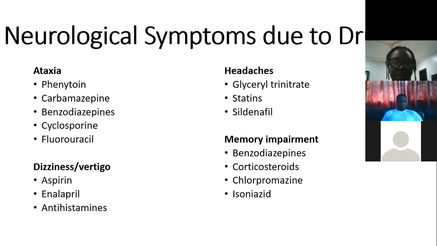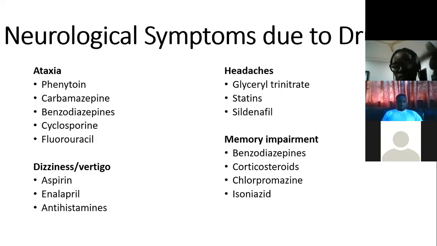Then cyclosporin is an immunosuppressive drug. Fluorouracil is an anti-cancer drug. Dizziness can be associated with aspirin, common aspirin, or antihistamines. So if you have a very bad cold and you are taking Rising, it can cause you to have dizziness. So drug history, very, very important.